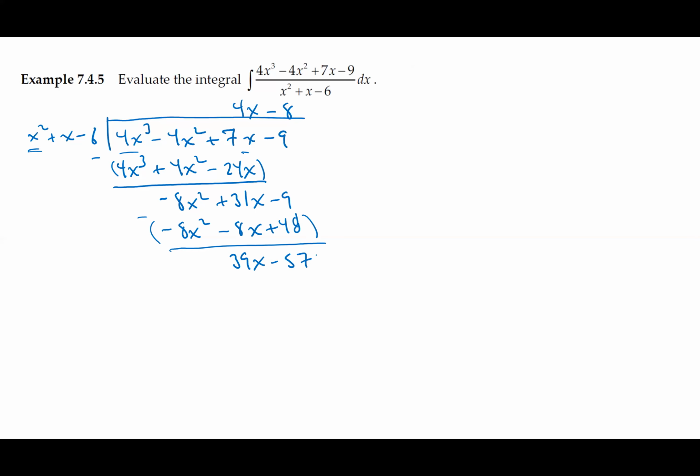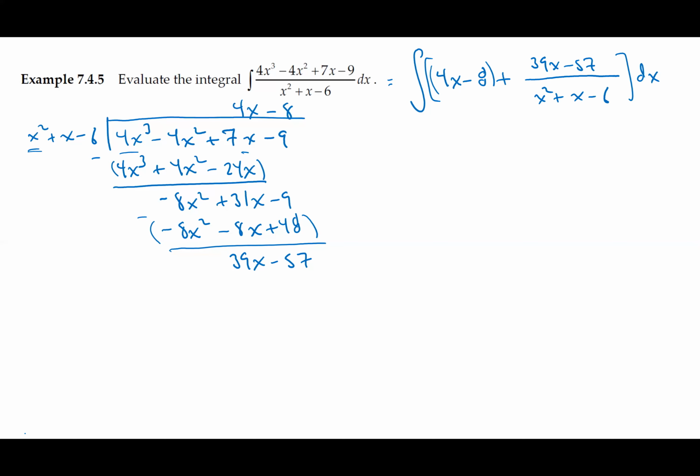And so that's going to turn this integral into 4x minus 8 plus 39x minus 57 over x squared plus x minus 6 dx, okay?